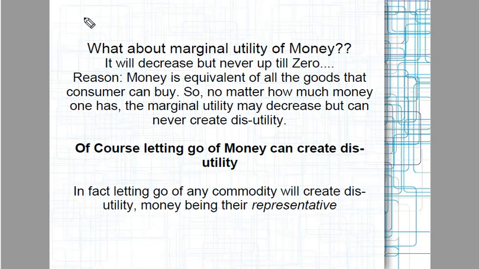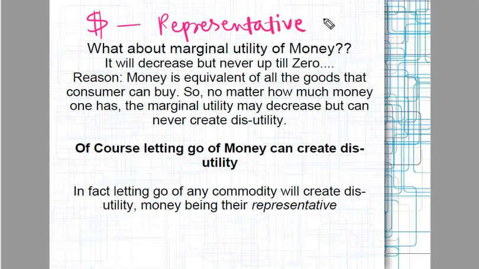That's not really the case, simply because money is a representative commodity. It's not really a commodity, it's a representative commodity, and that is why its utility will not really decline. And even if it does decline, it will definitely not reach zero.